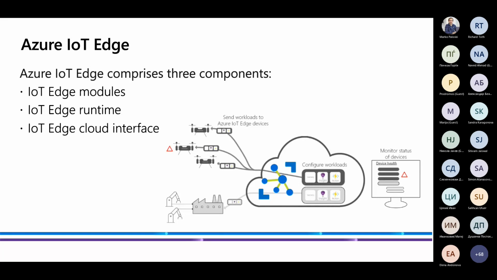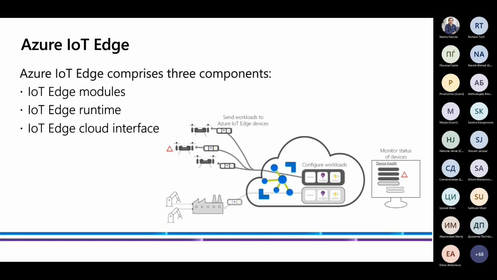Second, it provides a cloud interface and runtime module, which allows us to manage our devices through the IoT Hub. And third, it allows the use of Docker-compatible containers. Next, it allows access to certified hardware, Linux or Windows devices that support container engines, and allows us to develop models that have been built and trained in the cloud and run them on devices.